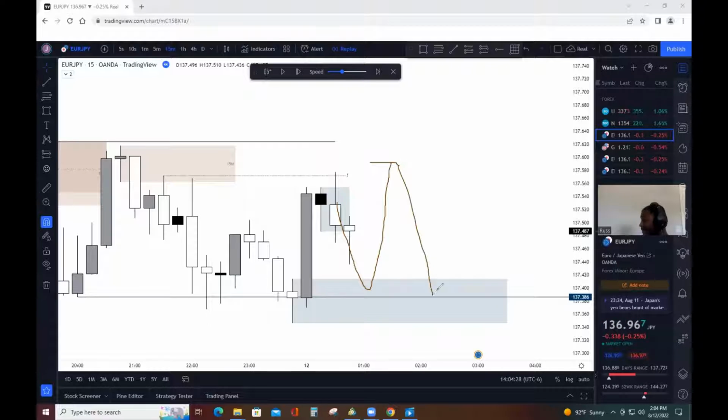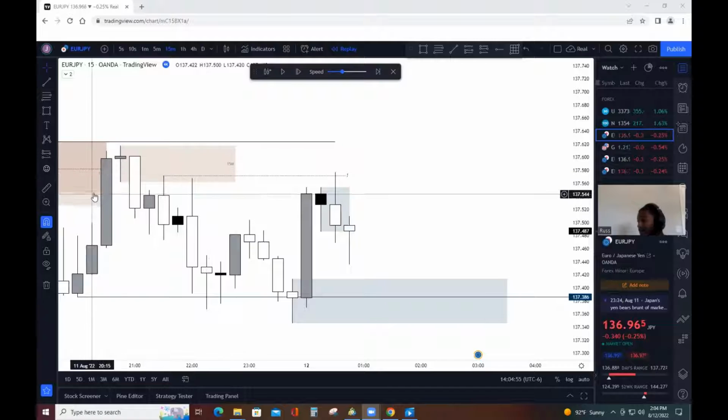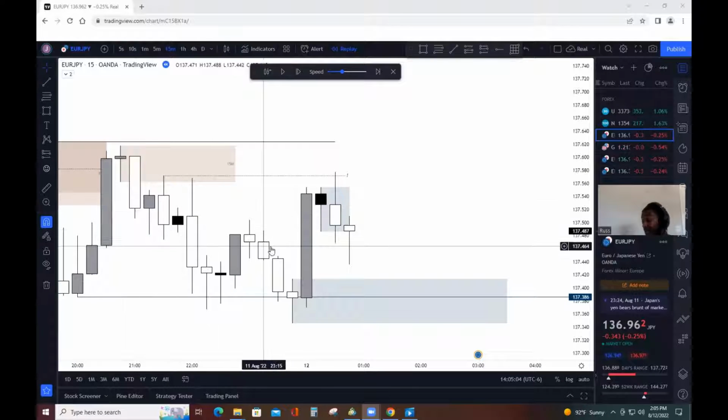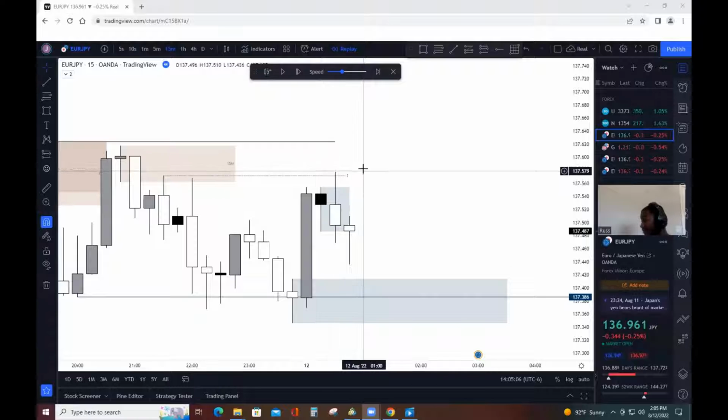No, no. But if we come back up in here without touching this, without going into this demand, then we going short. This is a short entry model. Initially we thought that this was the sweep right here, but that's not the sweep we was looking for. This is the sweep that we got.